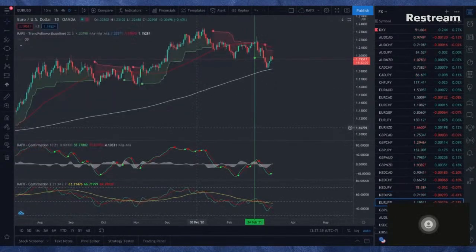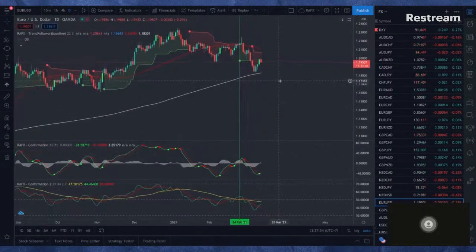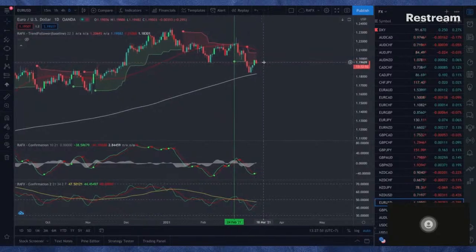EURUSD. Okay, so EURUSD is trying to recover since it tested the 200 baseline, and again the trend is still an uptrend. So there's a probability that this price will continue to go up.